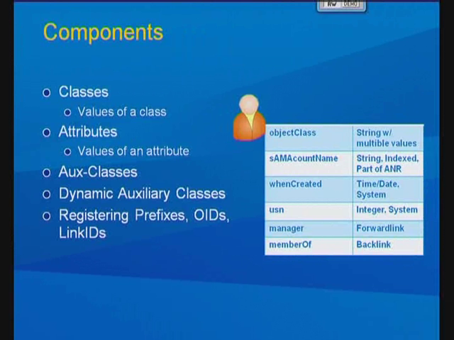Using dynamic auxiliary classes, and that's actually done in inetOrgPerson, I can define that certain users should be extended with the additional attributes, while other users don't get extended with those attributes.